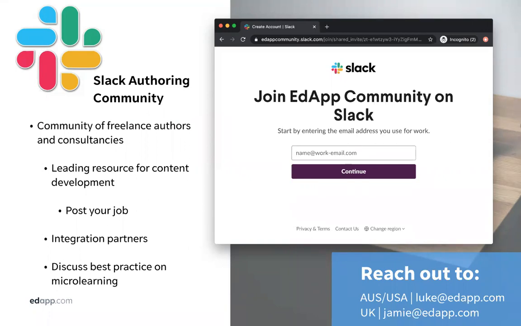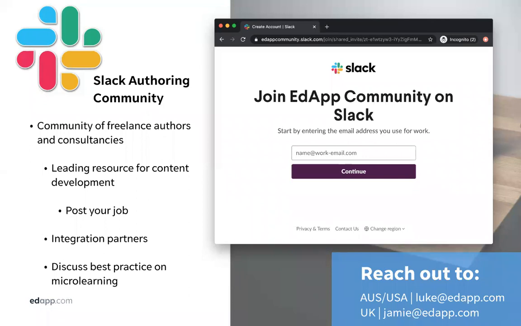So we have components of that community where organizations can actually go in and even post a job for consultancies and freelancers who would know our platform really well. And we wanted to provide this because we know that there are some very skilled authors out there that really deliver fantastic programs on our platform.